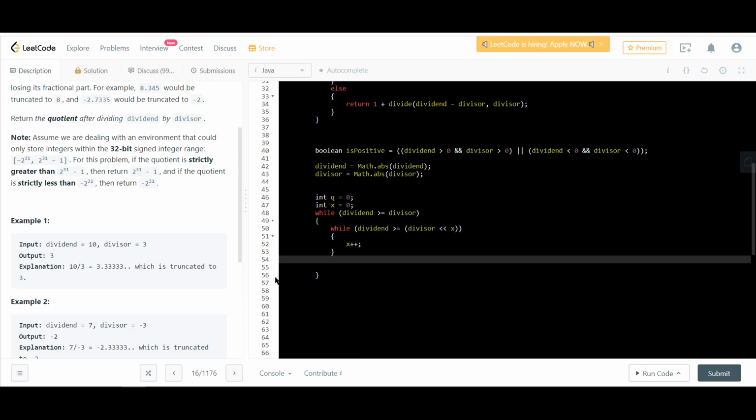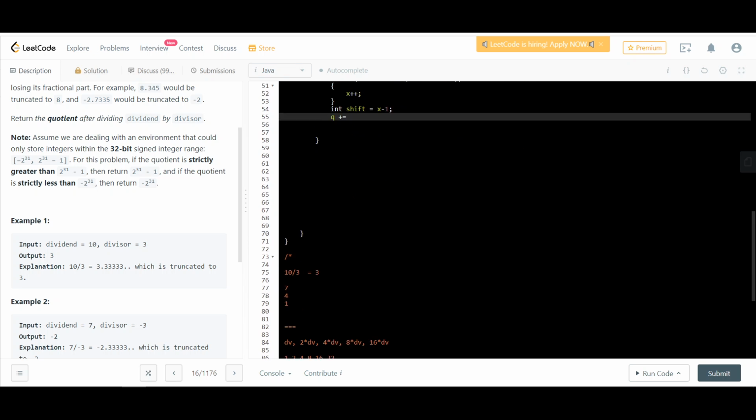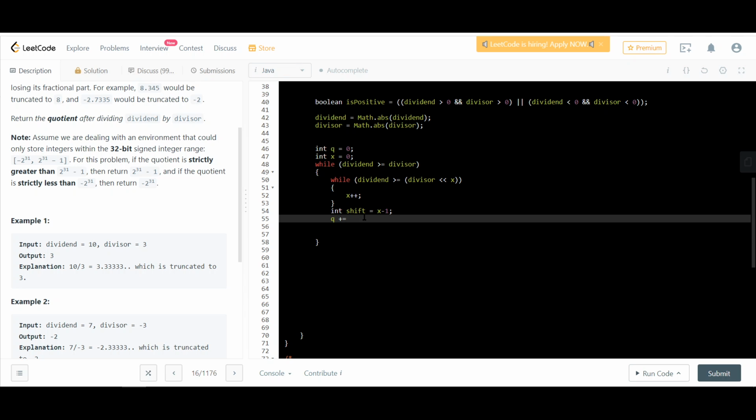And when we come out of it, that means this last X was a bit too high. This X did not work. So the number of shifts that works is X minus 1, right? And so the quotient can be incremented. So we see if this works, that means the quotient was 1 left shifted by X minus 1 times.